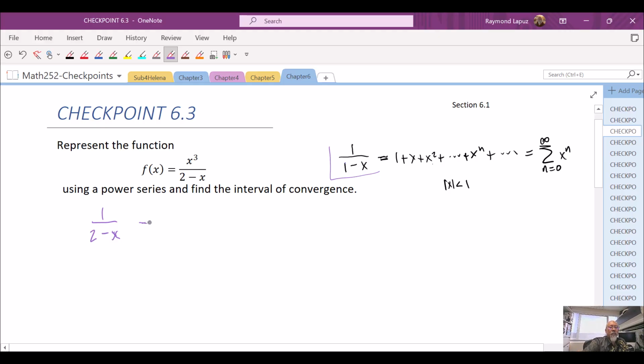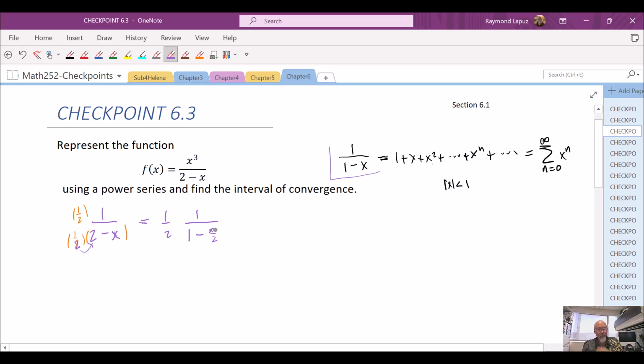So let's imagine multiplying the top and the bottom by a half. When we multiply the top by a half, it's like having 1/2 all the way outside. I'm more concerned about this 1/2 in the bottom, and you distribute it. When you do, this will become 1, and this will become x over 2.